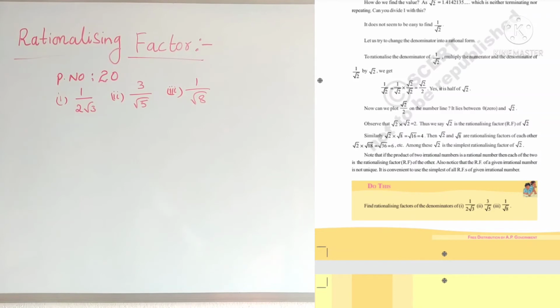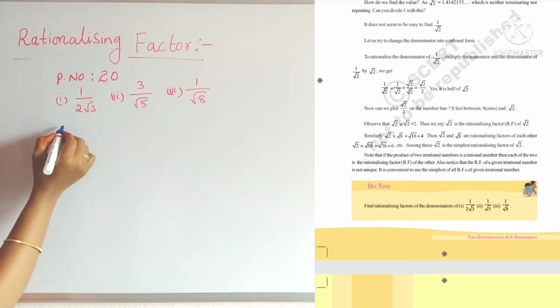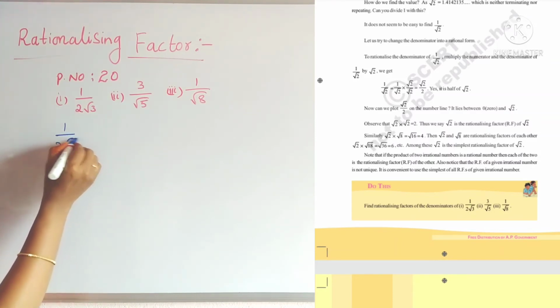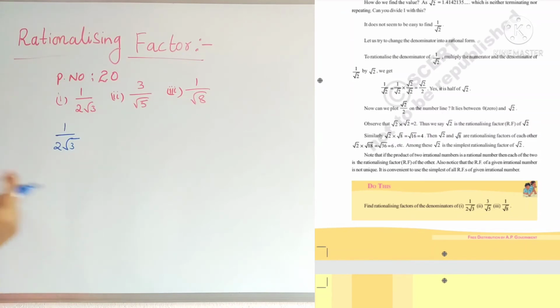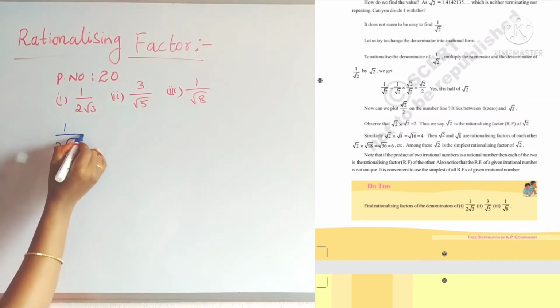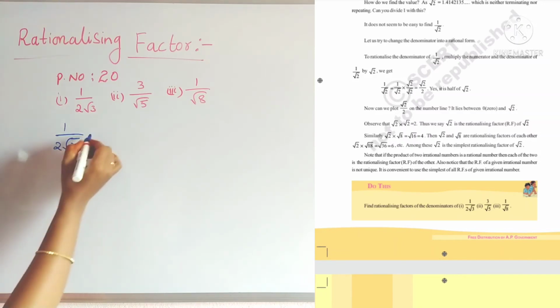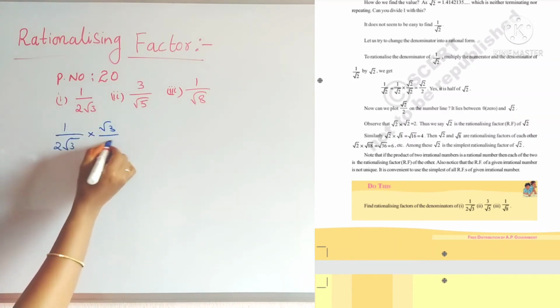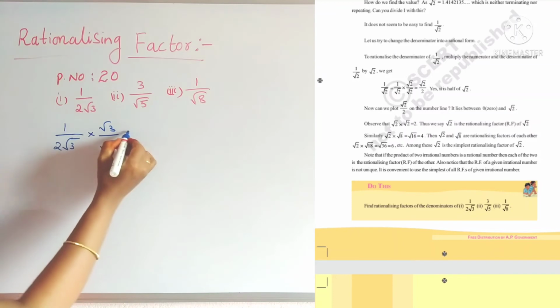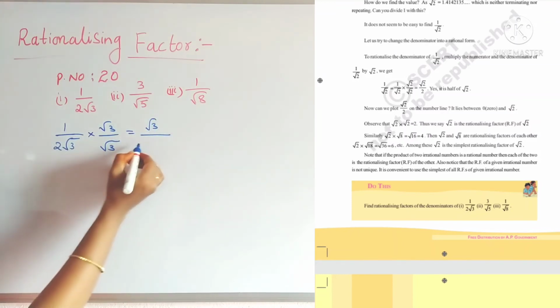Now we will see page number 20. Do this problem: find the rationalizing factors of the denominators of 1 by 2 root 3, 3 by root 5 and 1 by root 8. First one, 1 by 2 root 3. Here what is the irrational number we are seeing? Root 3. So we have to multiply both numerator and denominator with root 3. 1 into root 3 is root 3, and here 2 is there.